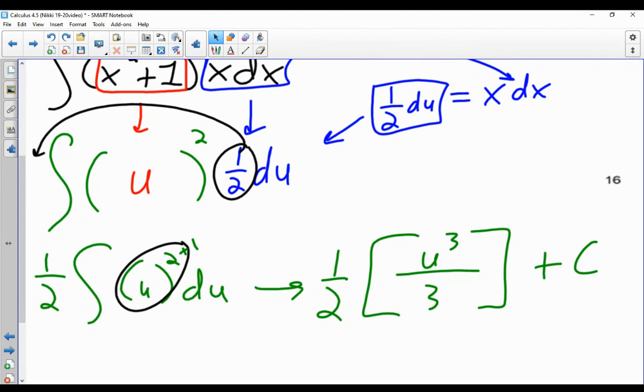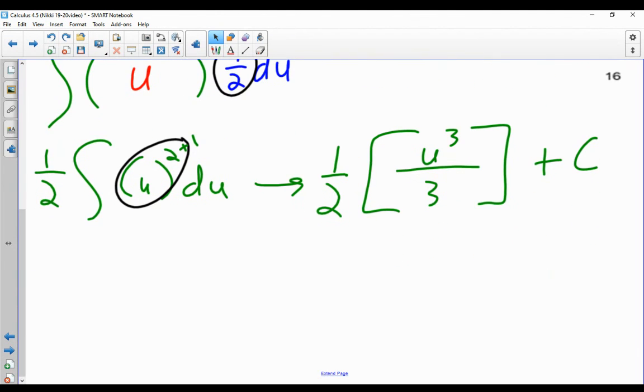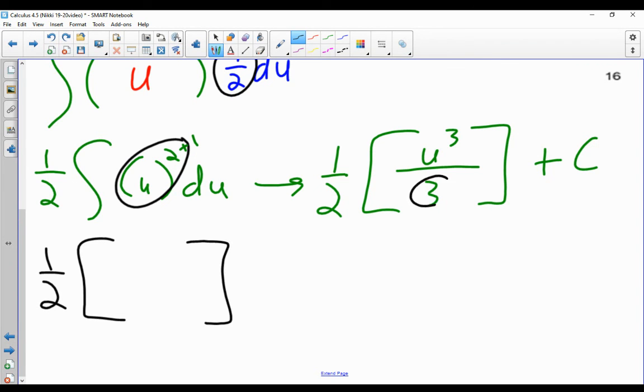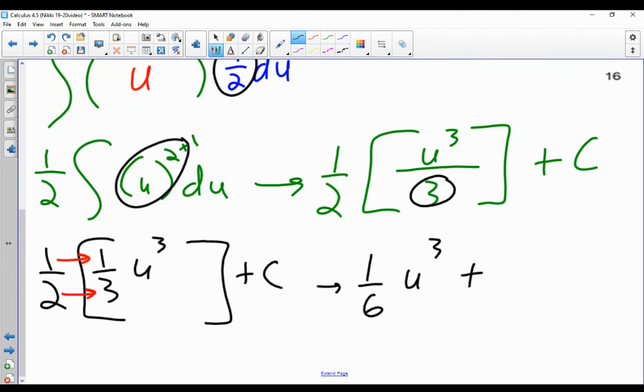All right, we're done with the hard part. Now we just got to simplify. So 1/2. The division of 3 can be rewritten as multiplication of 1/3. And by doing that, the 1/2 and the 1/3 can multiply. And that will give you 1/6, u cubed plus c.